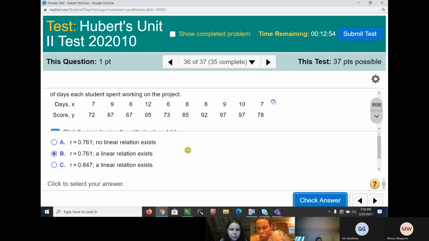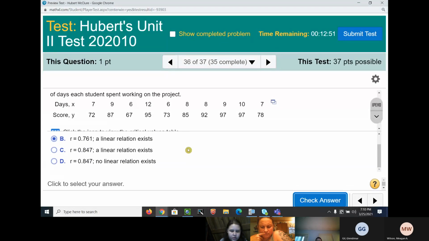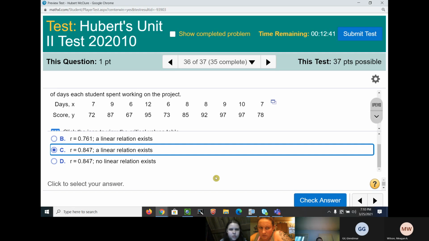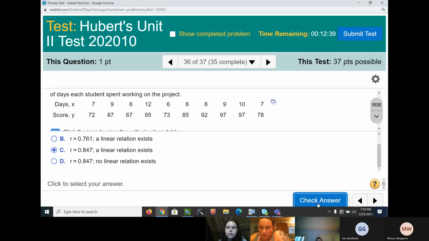I got 0.847. Okay, you need to check it. And 0.847 is greater than what? 0.632. So a linear relation exists. There we go. Just make a note, Miss Kidd, that that's 0.847 and punch them in again and see what you get.